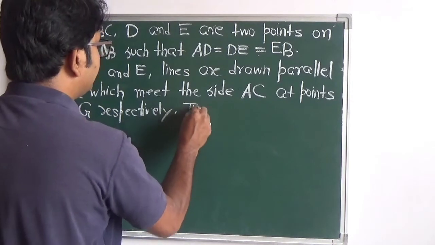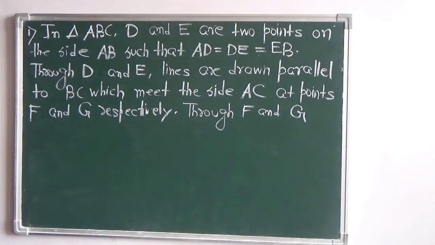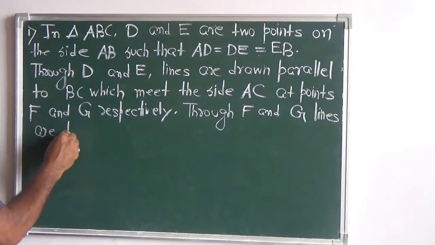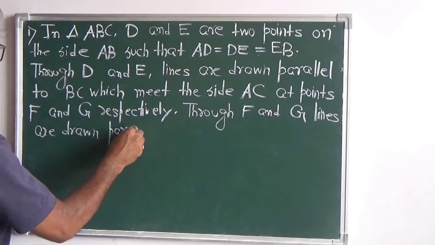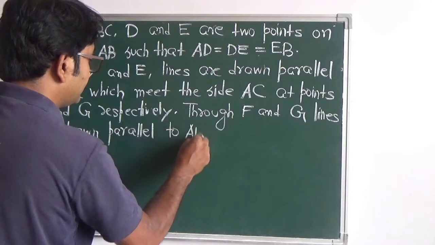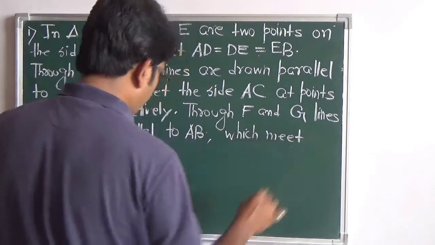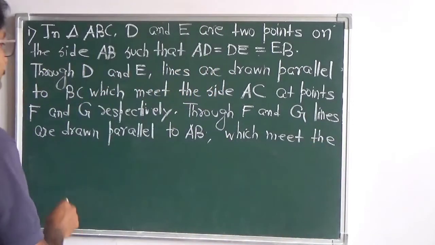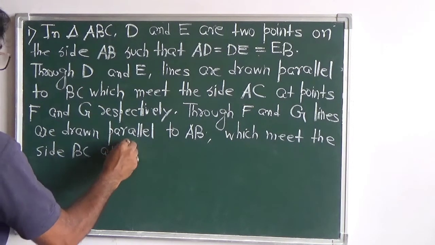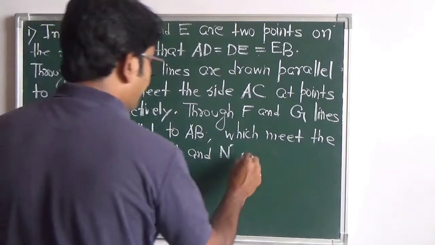Through F and G, lines are drawn parallel to AB, which meet the side BC at points M and N respectively.